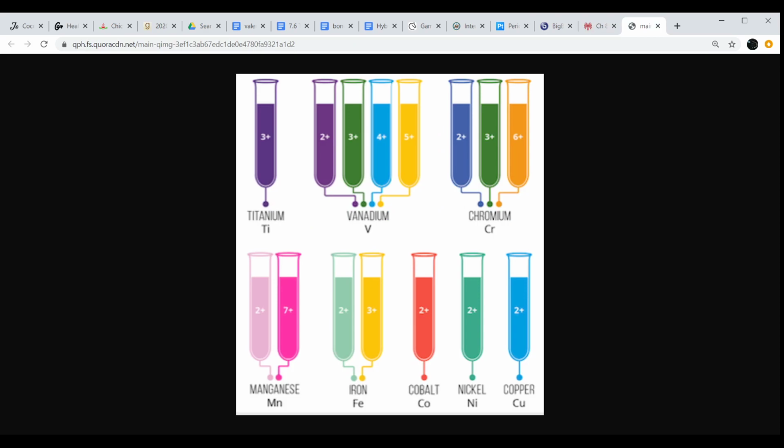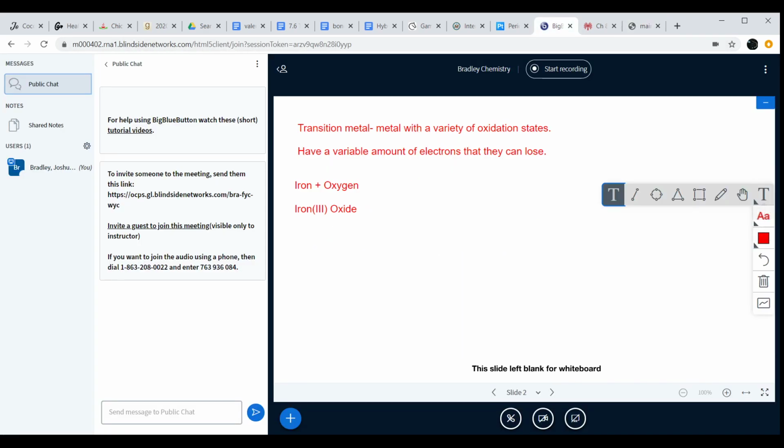So it's this +3 iron that we have. So that means that when we go through our process of figuring out what the formula is going to be, this 3 is directly going to relay to 3+ right here.